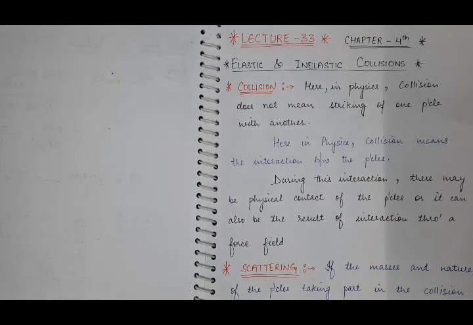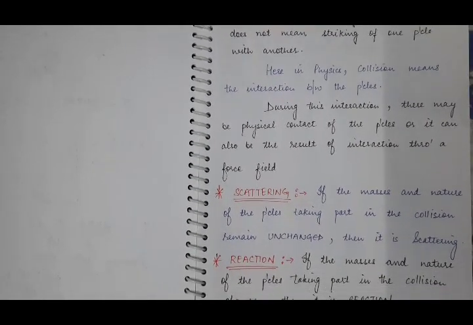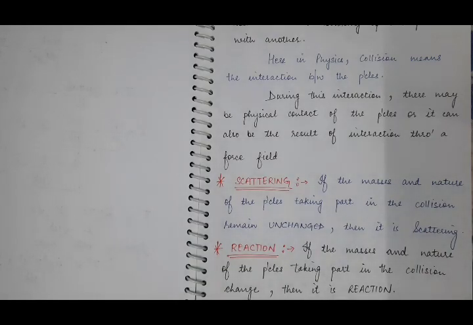Next, what is the difference between scattering and reaction? First, what is scattering? Suppose two particles are undergoing collision. We will see the nature and the masses of the particles before collision and after collision.